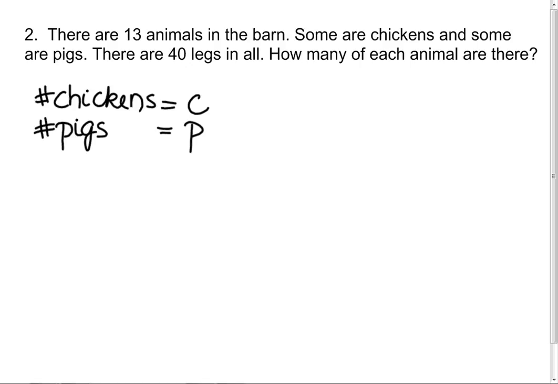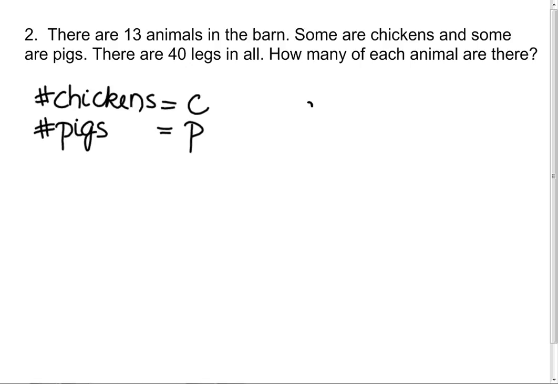Okay, so if I have C number of chickens and P number of pigs, and I have 13 animals in all, can you write an equation? I have 13 animals. How many chickens? I don't know. We're going to call it C. We'll give it a letter name, because maybe it's 2. I don't know.